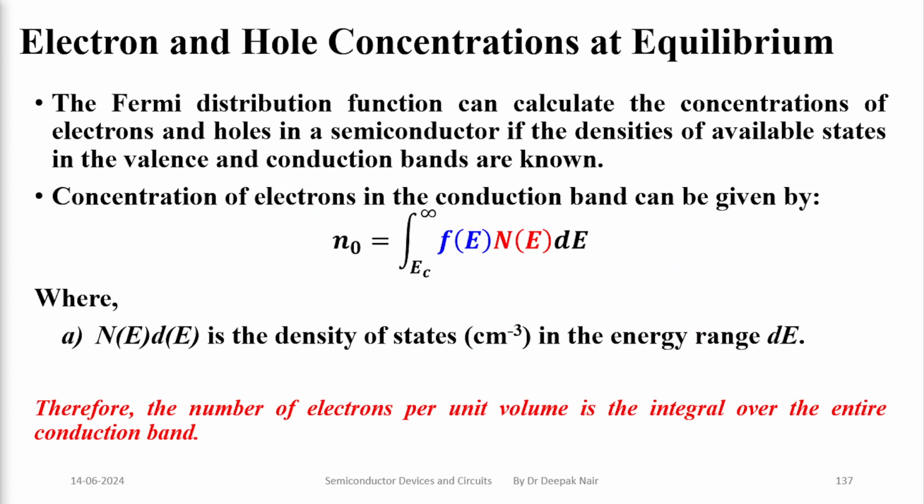Therefore, the number of electrons per unit volume is the integral over the entire conduction band. It is obvious that if we add all the electrons starting from EC upward till infinity, this is our conduction band, then we will get the concentration of electrons in the conduction band.